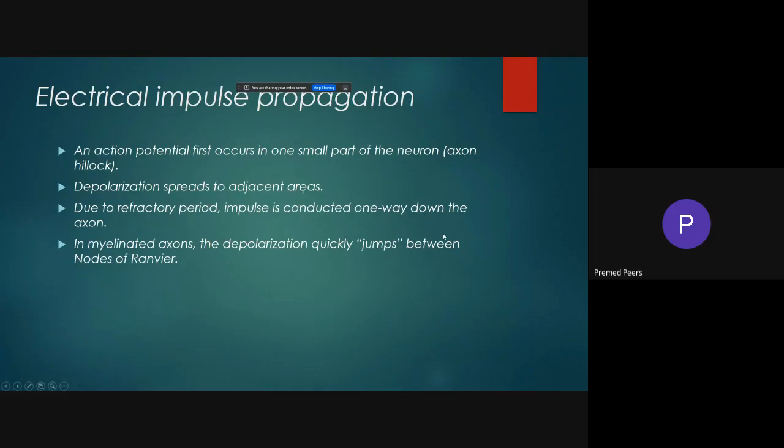It jumps across the nodes of Ranvier. Those are the unmyelinated parts. You would see this wave of positive charge jumping between the nodes, and that's called saltatory conduction, and it's much faster than unmyelinated axons. So in cases where speed of transmission really matters, we will have myelinated axons.